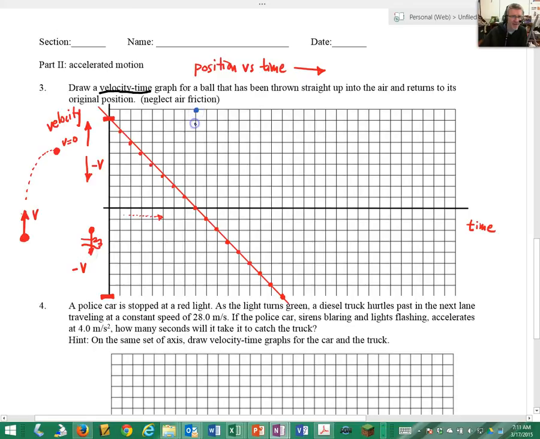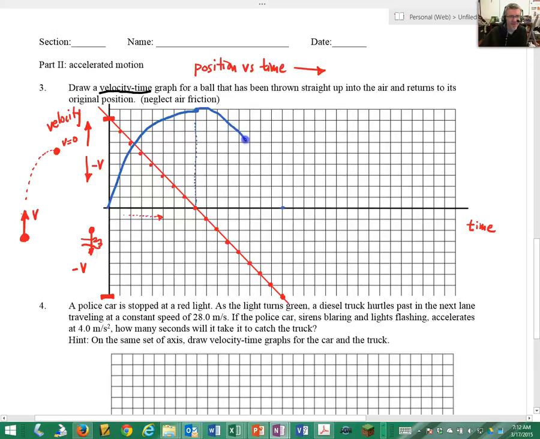I'm going to draw it on the same graph because when the object gets to the top of its path, the time is 0. So it's going to go up like this. 0 velocity, turn around and come back down. And then when it hits your hand, it's going to look like this.